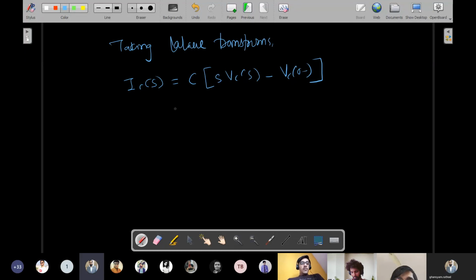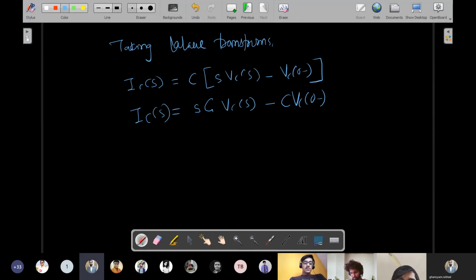And that can be written as, if you simplify this, I'm just multiplying C inside, you can write C Vc 0 minus. Okay, this is the current through the capacitor.